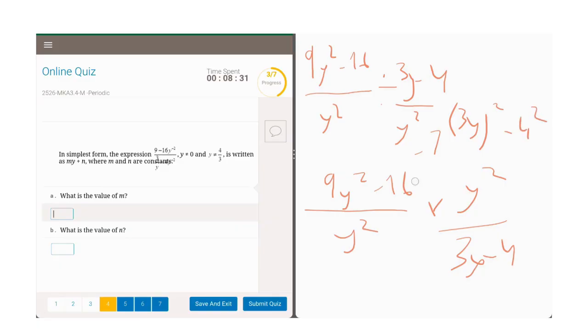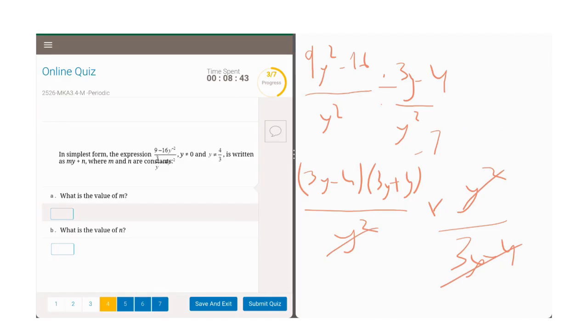So we can just rewrite this as 3y minus 4 into 3y plus 4. And now you can start simplifying. y squared and y squared, 3y minus 4 and 3y minus 4. We'll be left with just 3y plus 4. We want to know what my plus n is. We have 3y plus 4, my plus n, so 3 will be m, and 4 will be n.